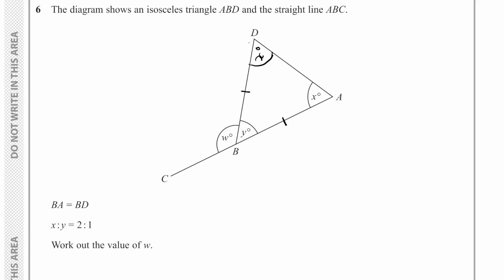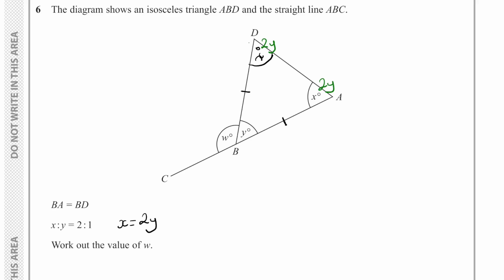So the ratio of X to Y is 2 to 1. So if the ratio of X to Y is 2 to 1, that means X is double Y, or we could say that x equals 2y. So we can change x into 2y.